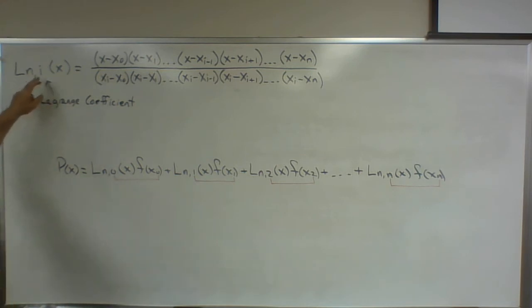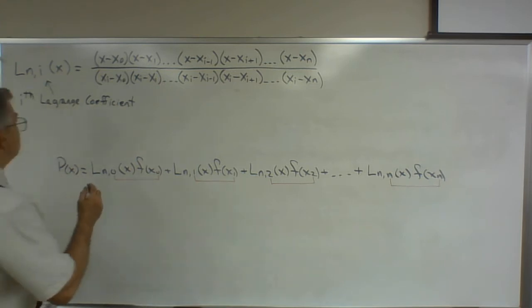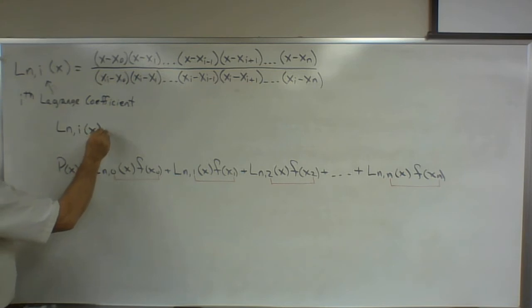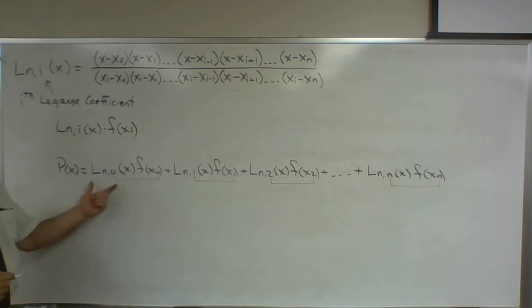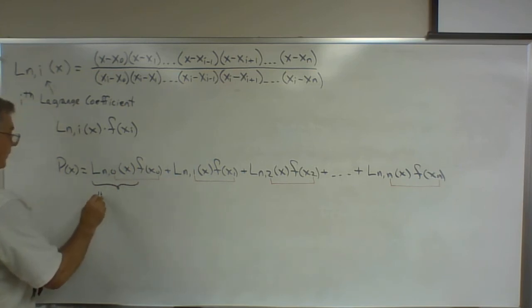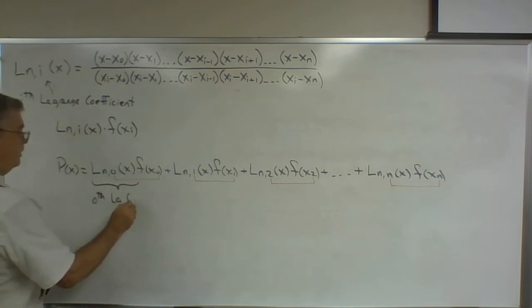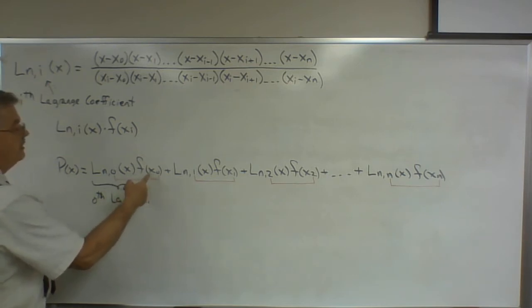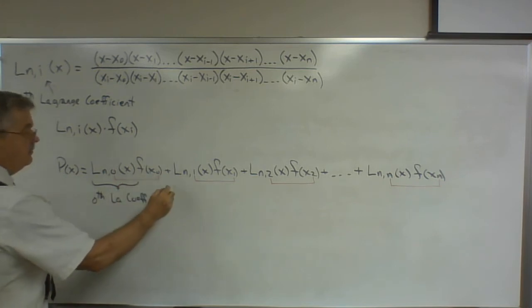So this is how the ith Lagrange coefficient is defined. And in general, the ith Lagrange coefficient is multiplied by the y-coordinate of the ith data point. Down here we have the zeroth Lagrange coefficient multiplied by f of x of 0.